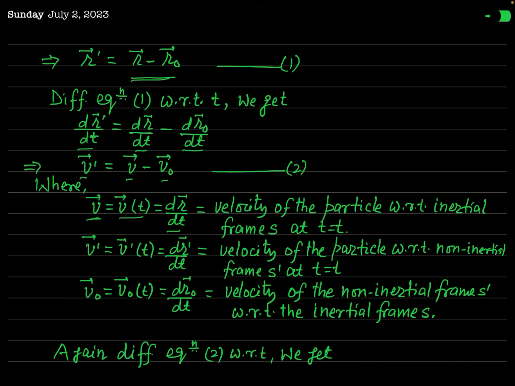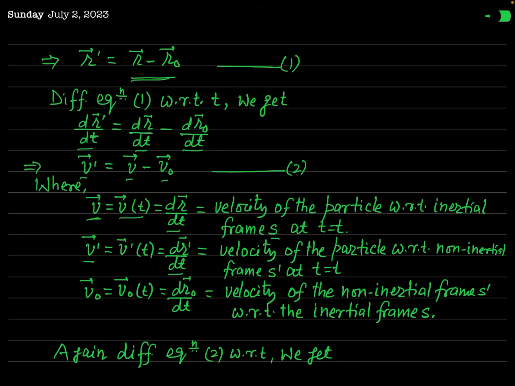Since r is the position vector of the particle with respect to the inertial frame, this dr by dt will give the velocity of the particle with respect to the inertial frame S. Similarly, since r dashed is the position vector of the particle with respect to the non-inertial frame, this derivative dr prime by dt will give the velocity of the particle in the non-inertial frame, with respect to the non-inertial frame, that is v dashed.